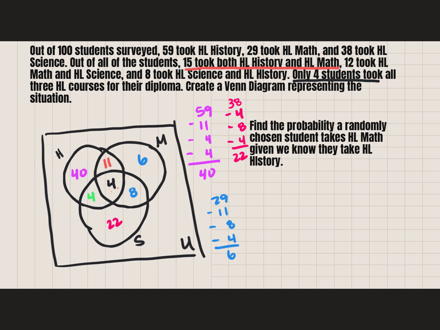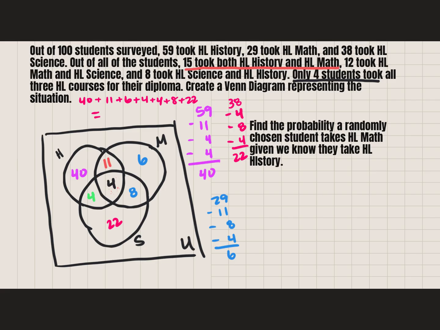Okay. The very last thing that we have to do, though, is we need to now double check: does this total up to 100? So in all these spaces, I'm going to add together 40 plus 11 plus 6 plus 4 plus 4 plus 8 plus 22.